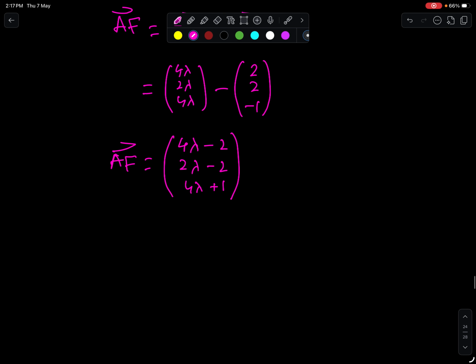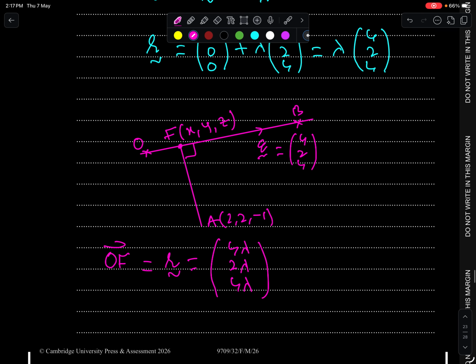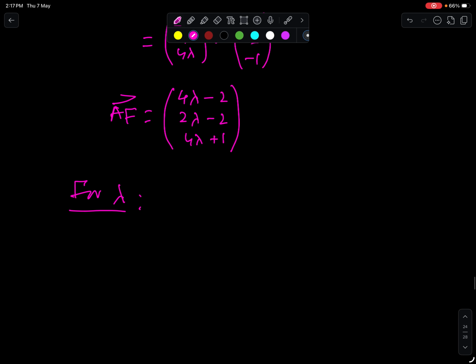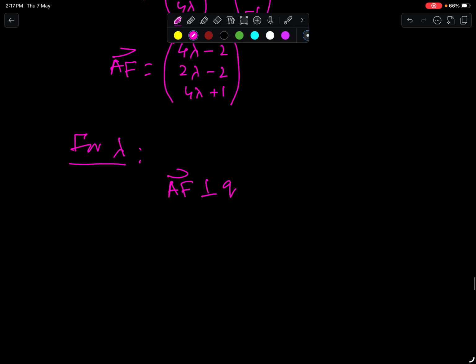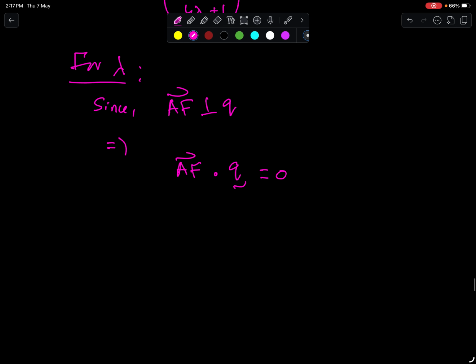Now the problem is lambda. We don't have lambda. So for lambda, see, this vector AF is perpendicular to this vector Q. So for lambda, use this fact: AF is perpendicular to Q. Therefore, their dot product must be 0. If two vectors are perpendicular, then their dot product is 0.